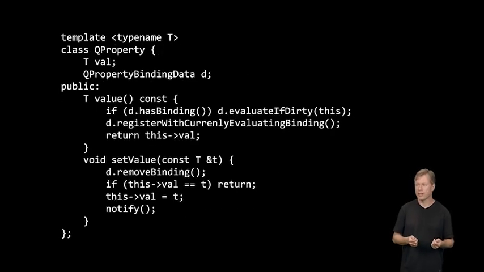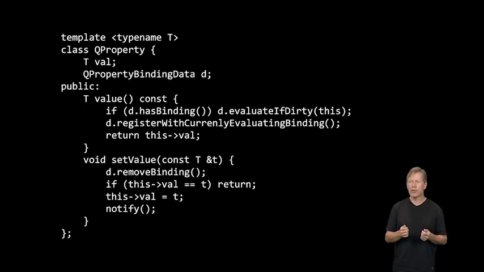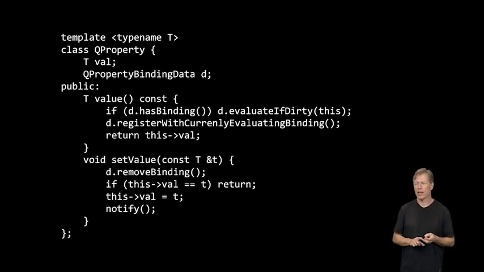This is how the real thing looks like now, and it's getting a bit more complex, and I can't show you all the details. If you want to have a look at those, look at the source code in qproperty.h and qproperty.cpp in Qt6. But what we have here is again the value, and we have a property binding data that we're using. And then we check now if you ask for the value.